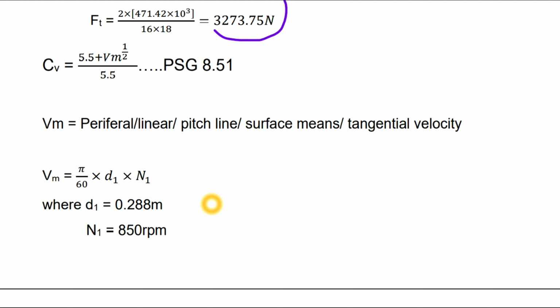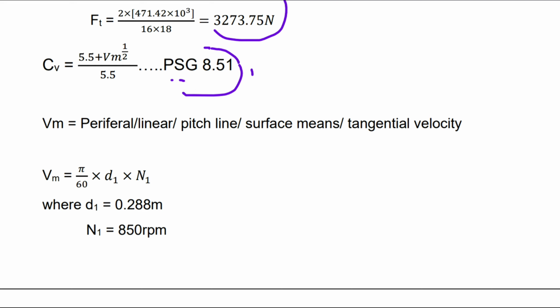There you will get many formulas for Cv. For precision wheel, take the formula 5.5 plus Vm half upon 5.5. This is the Cv formula for precision cut.